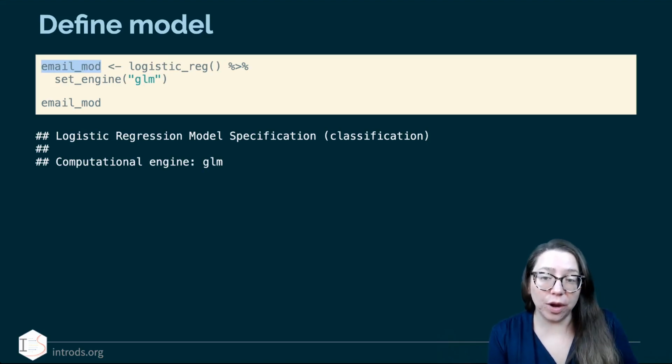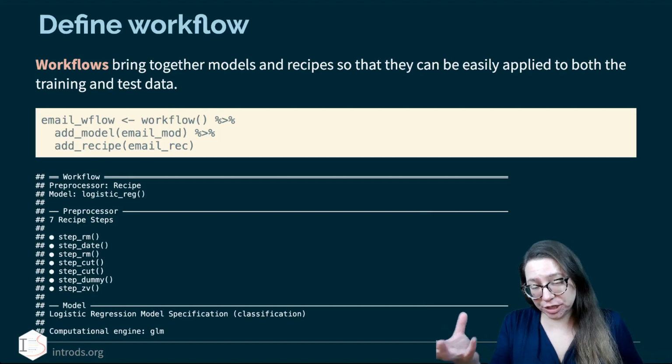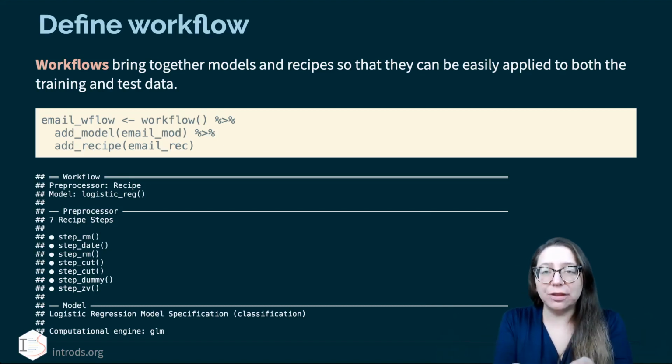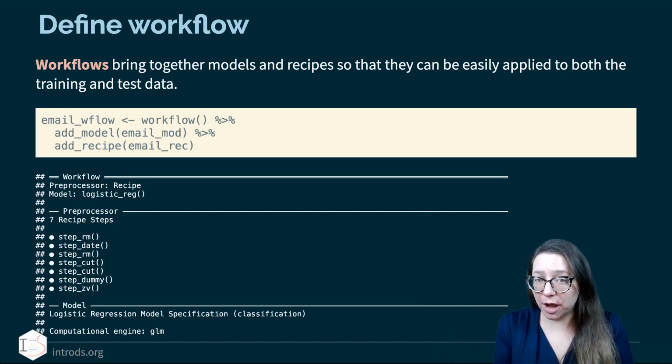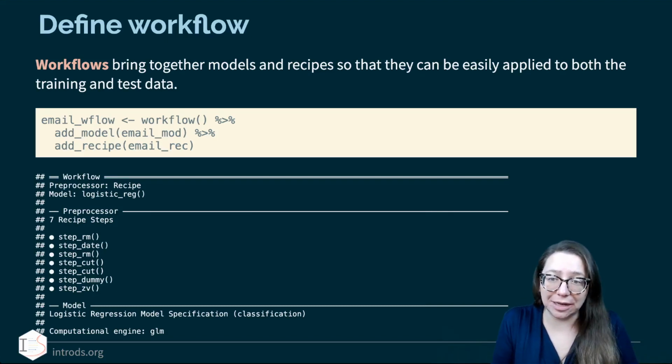And then what we're going to do is we're going to bring together that model object and the recipe that we had put together. So really, these are all steps we need to go through when doing modeling, but we're bringing these puzzle pieces together in a way that will be easy to replicate between our training and testing data.